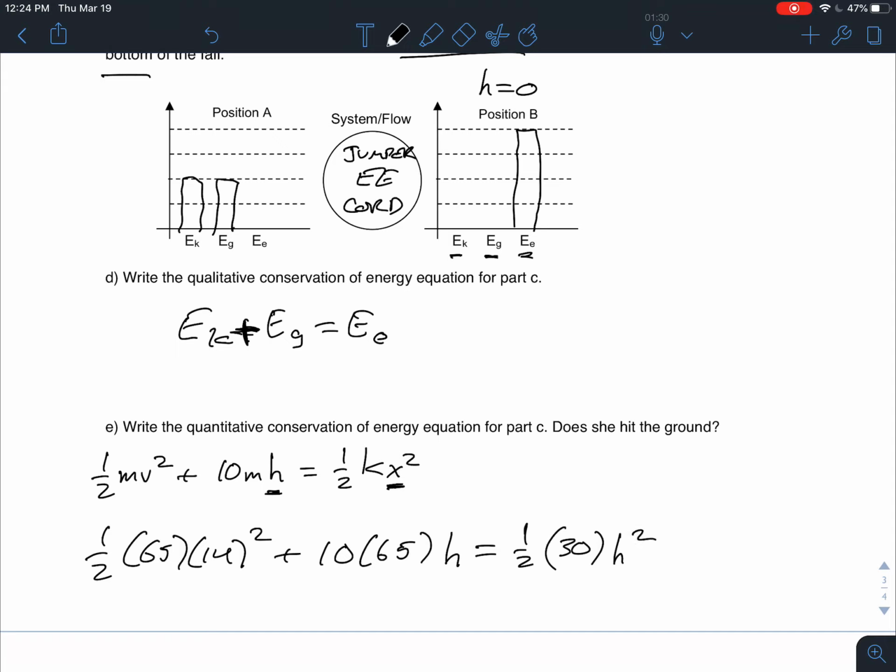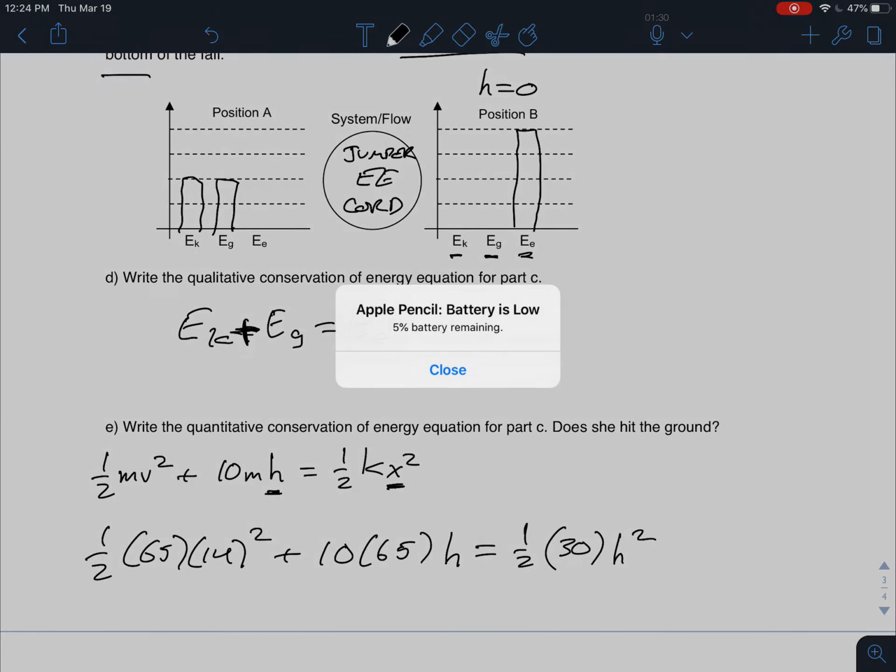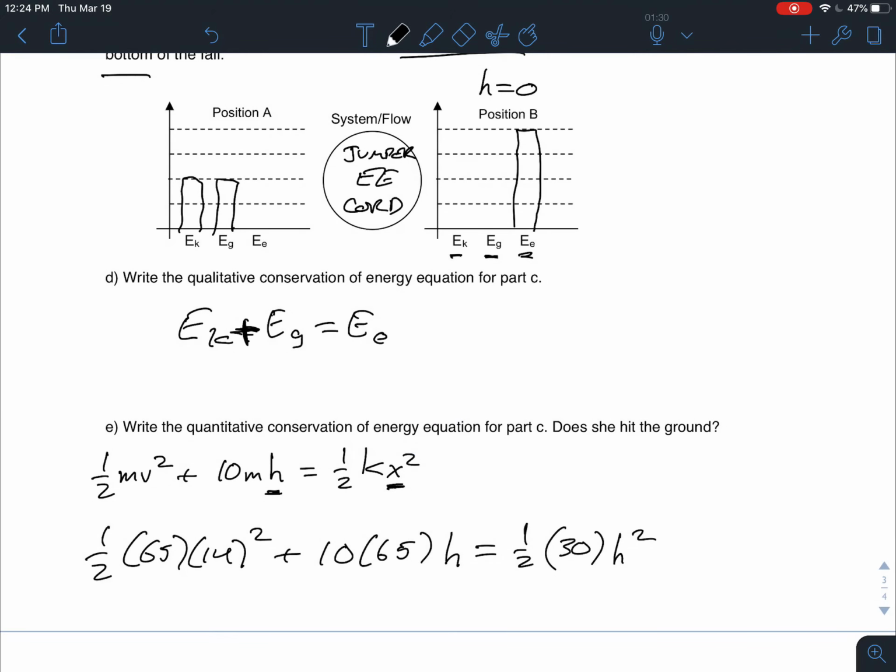You could have made them both x's either way. Now that is an equation that has an h and an h squared, so we need to solve that by graphing.